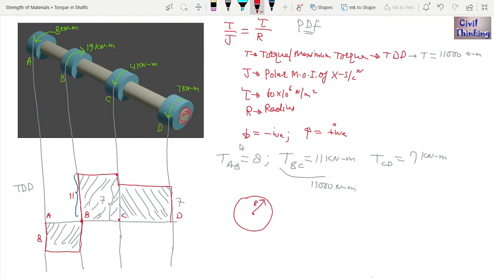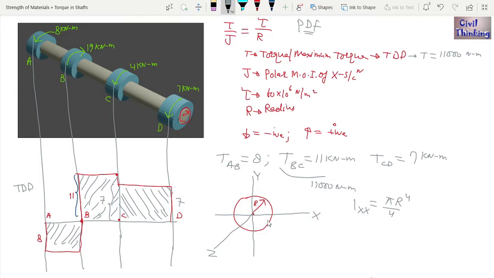okay? Let me consider two axes. One axis be here, another axis be here. This is x axis, this is y axis, and this is z axis, right? Now we know the moment of inertia of a circle about x axis, okay? Ixx is pi r power 4 divided by 4.